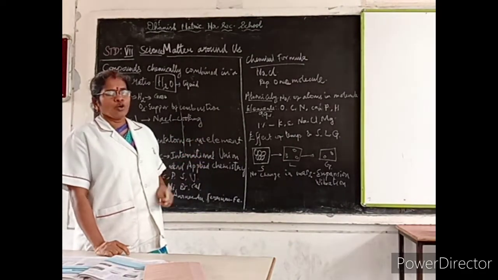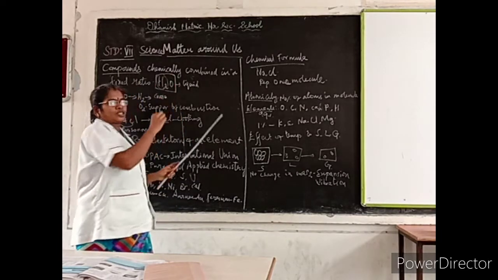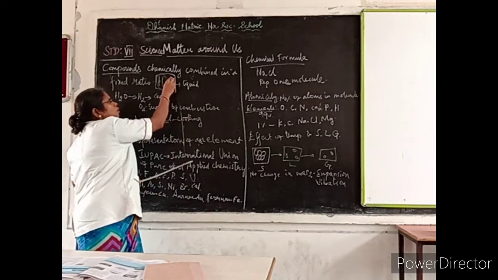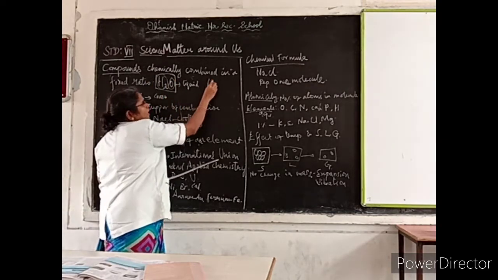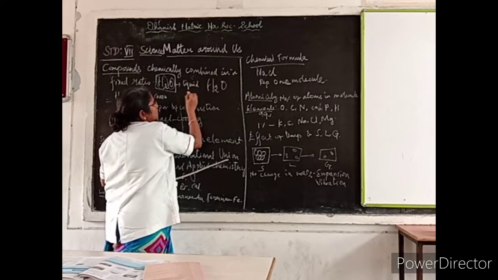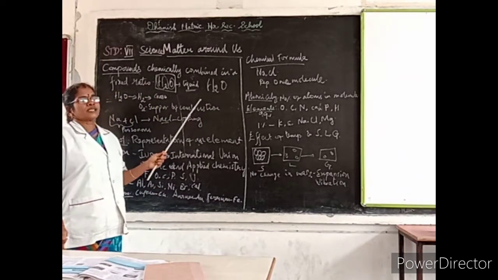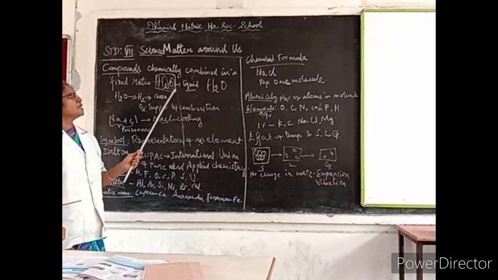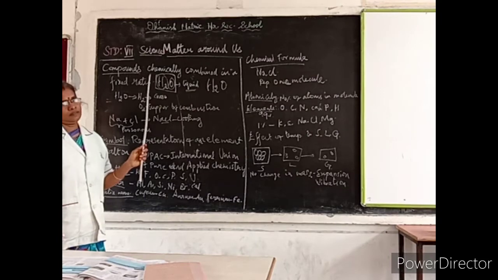Water is nothing but two atoms of hydrogen combining with one atom of oxygen to form H2O, which is in liquid state. Water is the only substance which can exist in all three states: solid, liquid and gas.